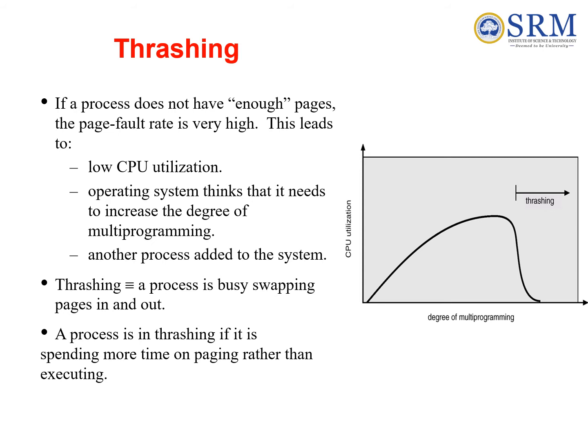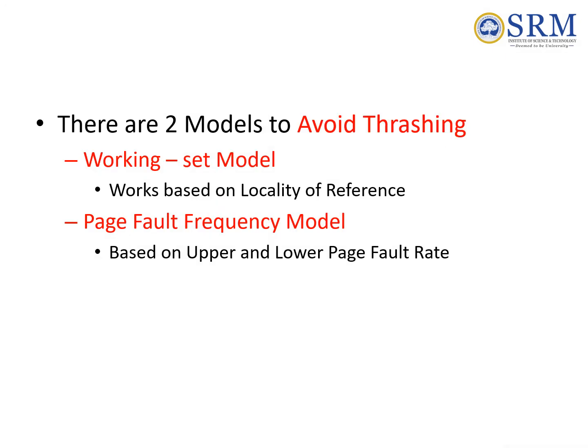In order to avoid thrashing, there are two methods or models. The one is the working set model, the other is the page fault frequency model. First, the working set model works based on the locality of reference.